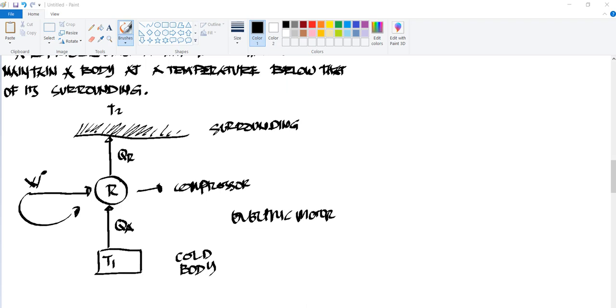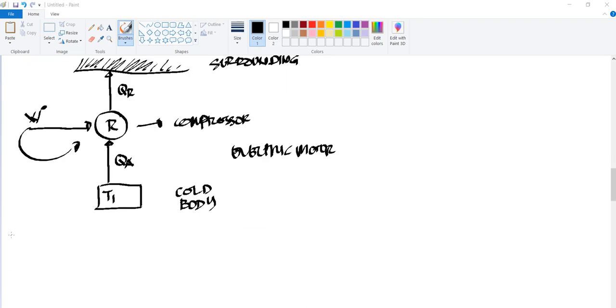Now we can do an energy balance on the system. What we have here: your work is equal to your Q rejected minus your Q absorbed.